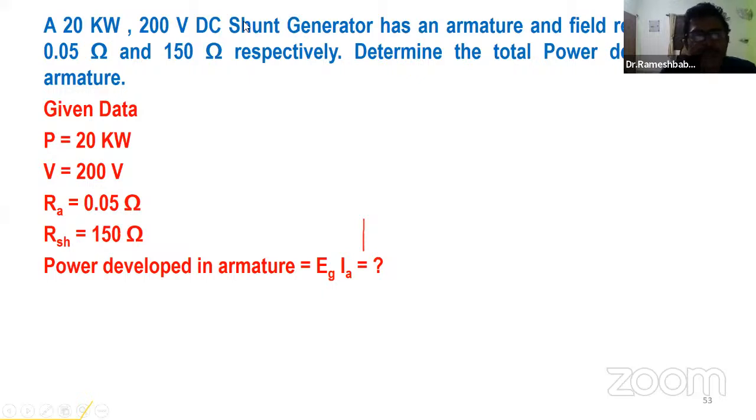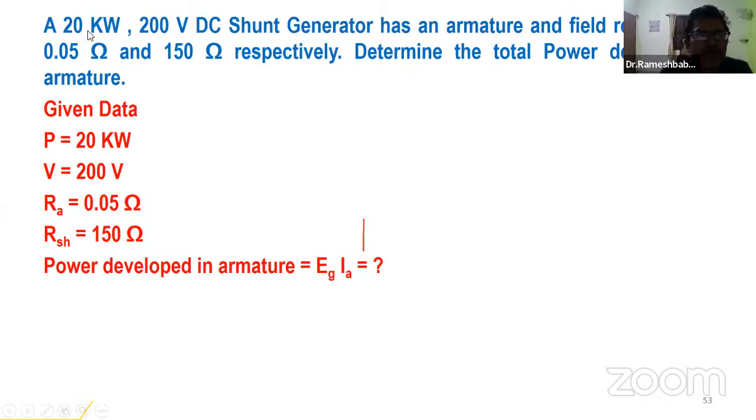So a 20 kilowatt, 200 volt DC generator has an armature and field resistance of 0.05 ohm and 150 ohm respectively. What is given clearly is that it's a shunt generator.